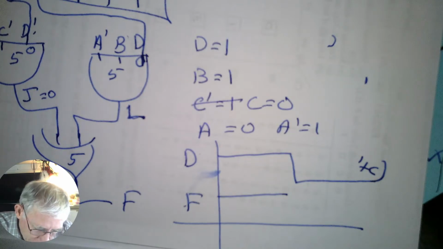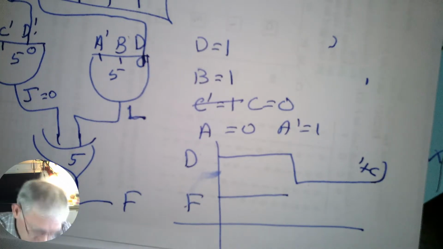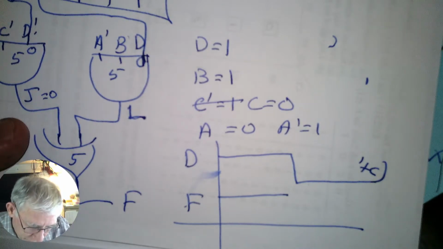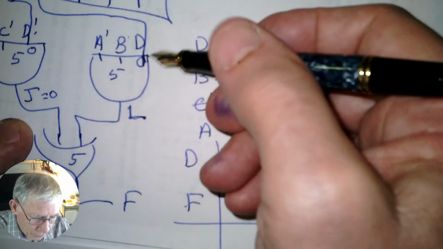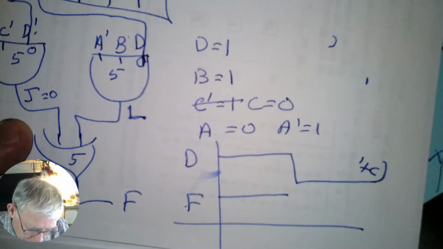So what happens then is 5 nanoseconds after, so we go out here, I may be running out of nanoseconds. So 5 nanoseconds here, when 5 nanoseconds after D changes, L goes to 0 right here.